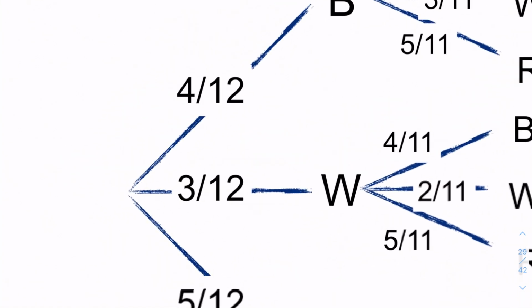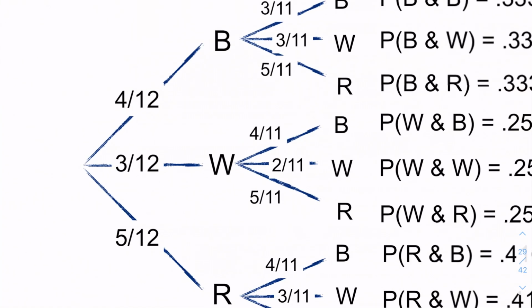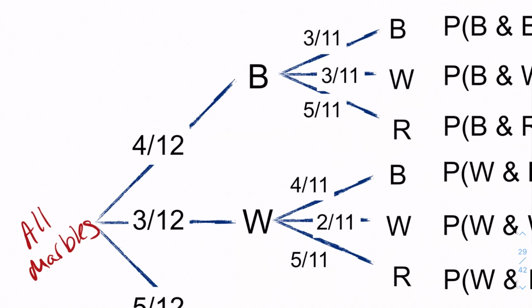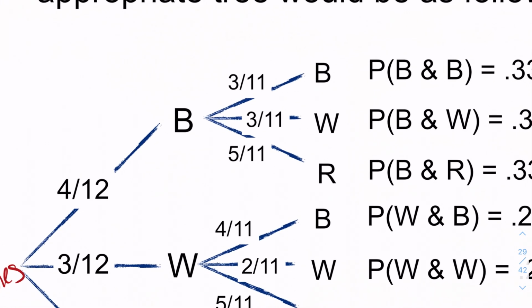Well, we know we have 4 blue, 3 white, and 5 red initially. So we indicate that. These are all the marbles. So we have a 4 in 12 chance of being blue. Now we know that there are fewer blues in there, and there are fewer total marbles in there. So there are 11 marbles left.